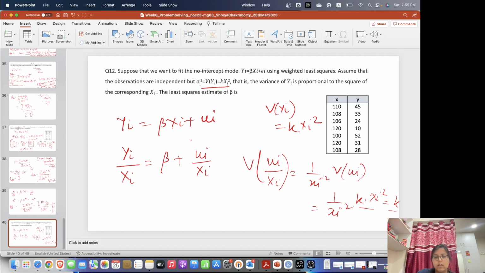So if beta hat is the intercept term, then beta hat will be 1 by n summation yi by xi.